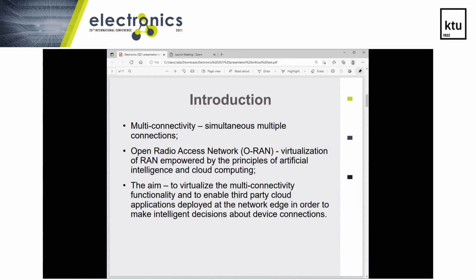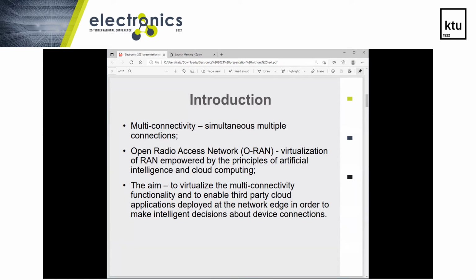So Open Radio Access Network is an initiative for radio access network virtualization empowered by the principles of artificial intelligence and cloud computing. RAN openness enables fast introduction of innovative services and network customization. The edge computing makes possible the usage of artificial intelligence for traffic steering, quality of experience optimization, and quality of service resource optimization.